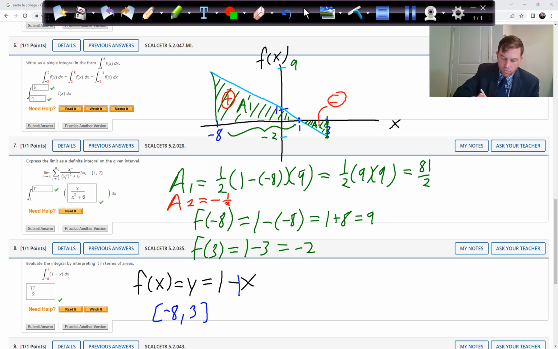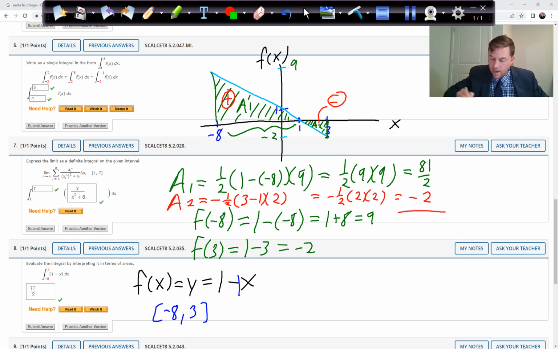Same idea, it's 1/2 times the base, which is 3 minus 1, times the height, which is 2. Now I don't need to use -2 because I already accounted for that negative, so it's just 2. Or this is equal to minus 1/2, 3 minus 1 is 2, times the height, which is 2. This would be minus 2.